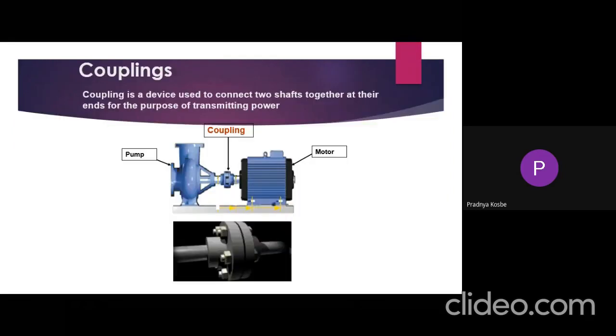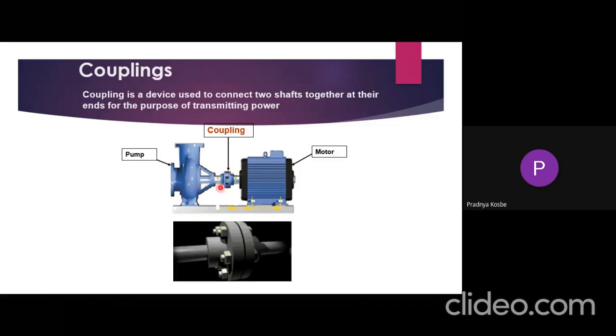Coupling is a device which is used to connect two shafts together at their ends for the purpose of transmitting power. In this figure, you can see this is a motor which is a driving element and pump is a driven element. And here we can see this is the shaft which is connected to motor and this is the shaft connected to pump.